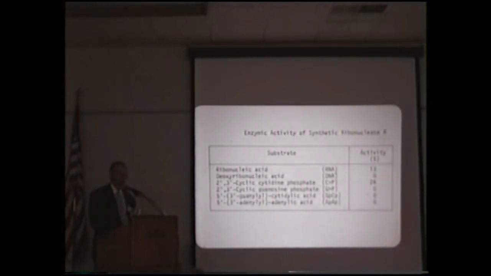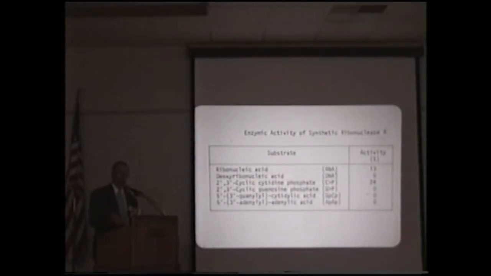What you can say here is that we could finally, for the first time, start with individual amino acids and assemble them in the lab to form a real protein that had real enzymatic activity.